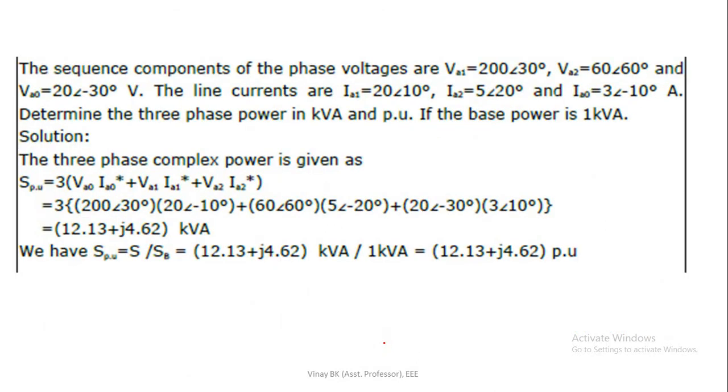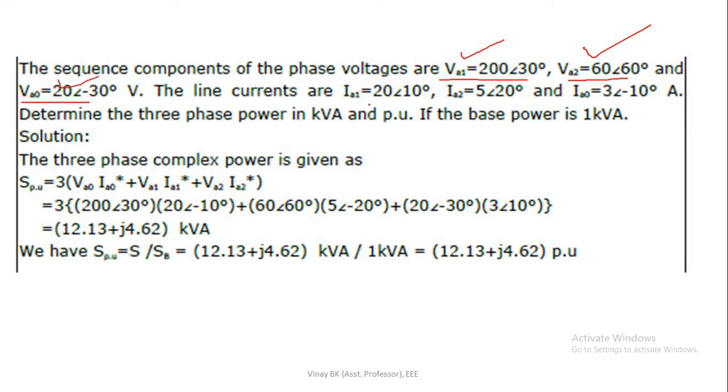Here the sequence components of phase voltages VA1, VA2 and VA0 are given. A small a denotes phase voltage, and a capital A denotes line voltage. The positive sequence voltage, negative sequence voltage and zero sequence voltage are given.